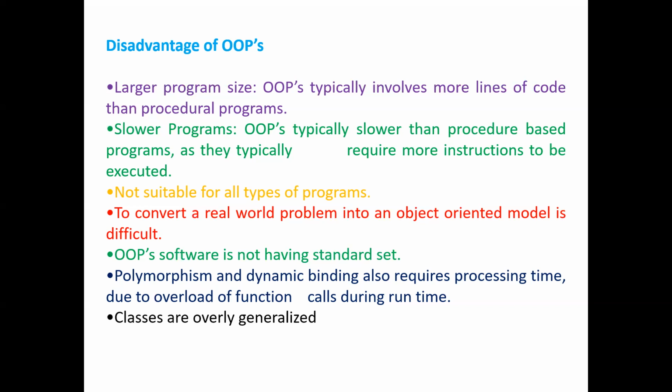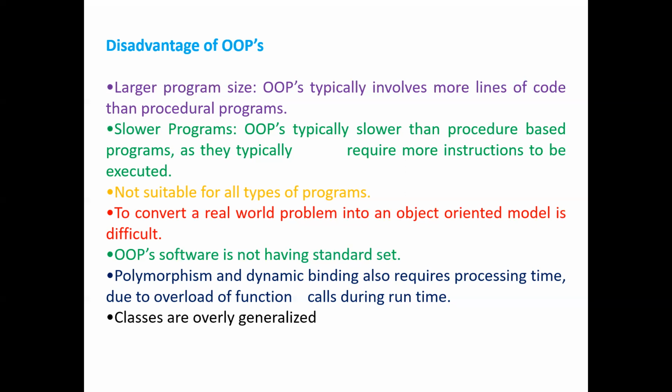This is one more disadvantage we have. Then the next disadvantage: polymorphism and dynamic binding also require processing time due to overload of function calls during runtime.